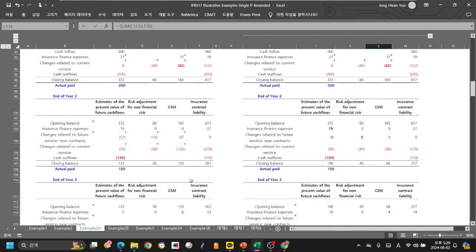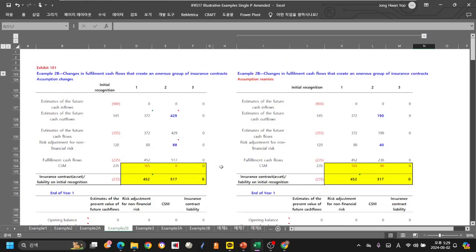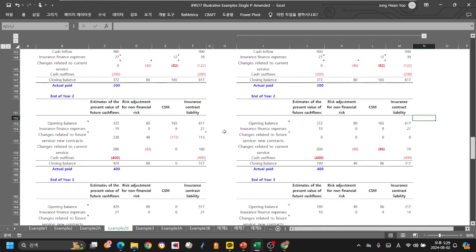Okay, here we go. Where was I? Sorry, year 2B, right? And here, because you change the future assumption for year 3, that creates a bigger outflow number, so it eats up all the remaining CSM value, and the leftover is 113.